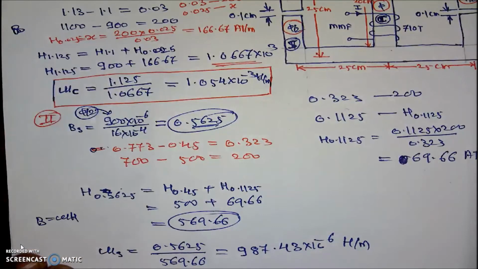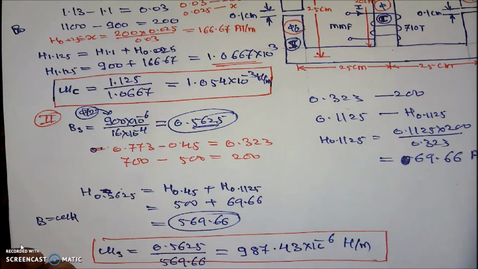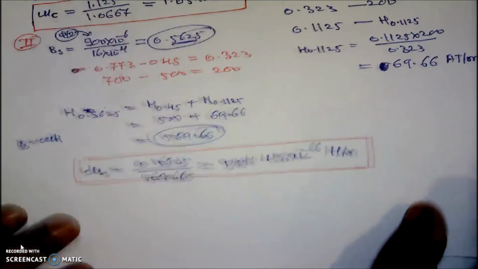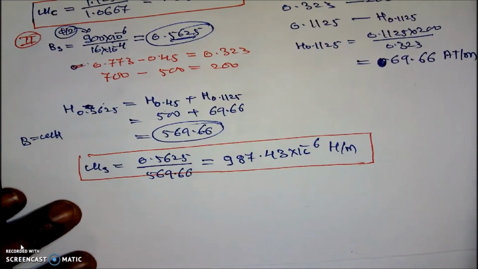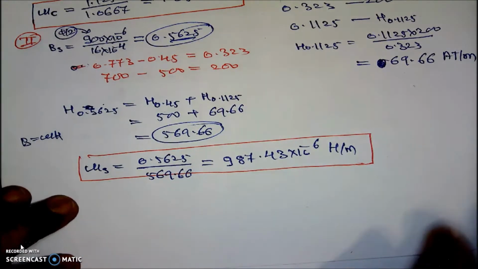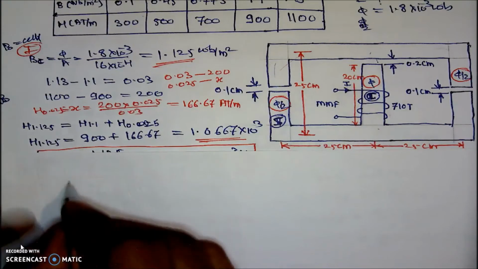Now, this is the value of the mu for the side limb, and if we know the mu for the side limb as well as the central limb, then we are in a position to find out the MMF. Here we are interested in the total MMF. I will come to this figure and then to the remaining calculation part. Looking at this figure, how much is the total MMF?